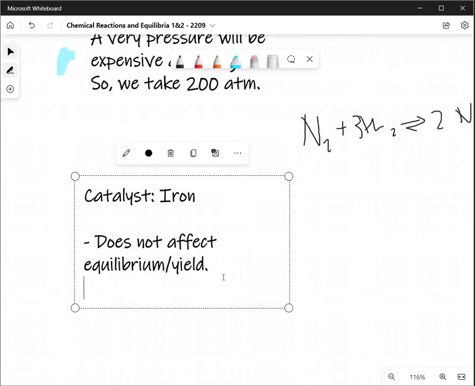Now, just write this down. Iron does not affect equilibrium, but increases rate of reaction by decreasing activation energy.